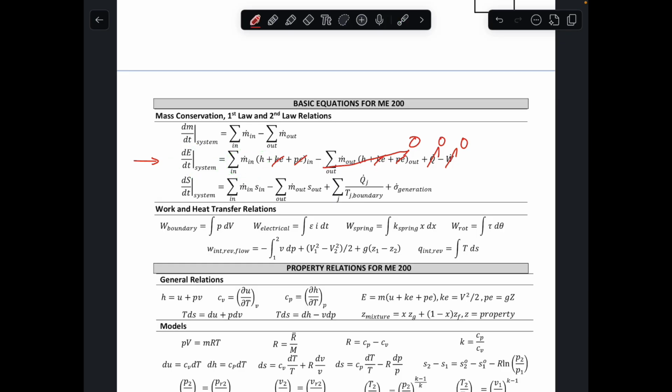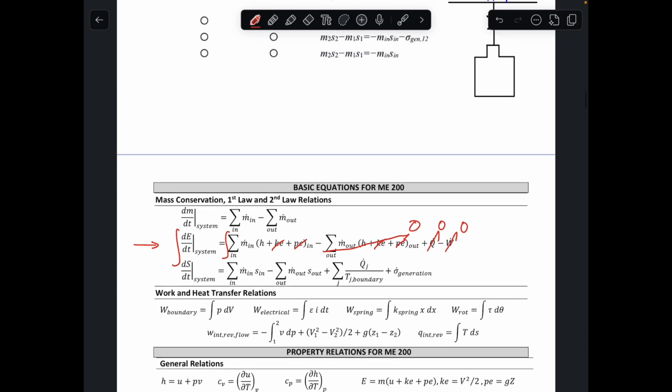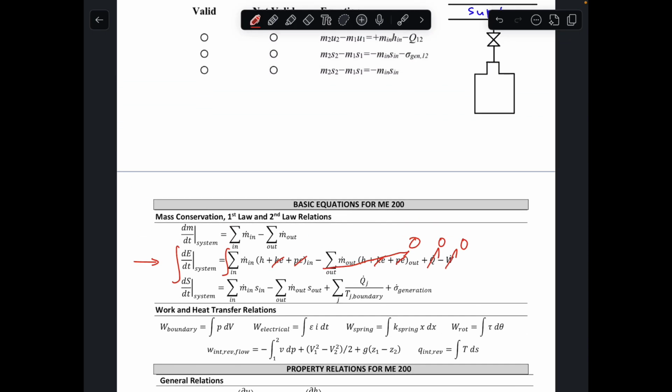So if we just integrate both of these terms, we need to be careful because we have a transient analysis here, so we have to worry about the total energy of the system and the total mass of the system. Hopefully you've had some practice with this, but I'll write it out up here. What we should get when we integrate this dE dt term is m2u2 minus m1u1, right?